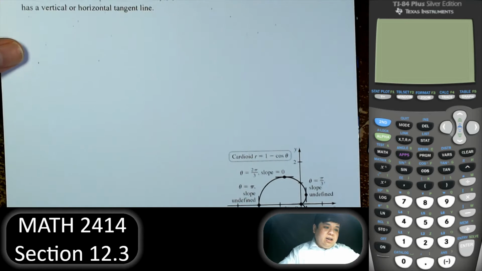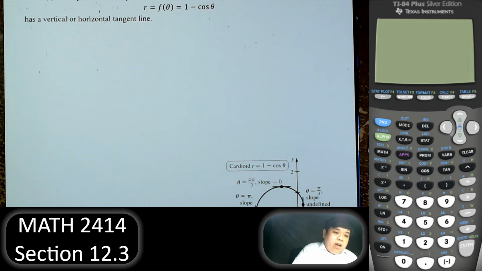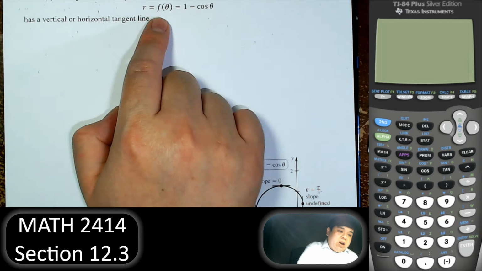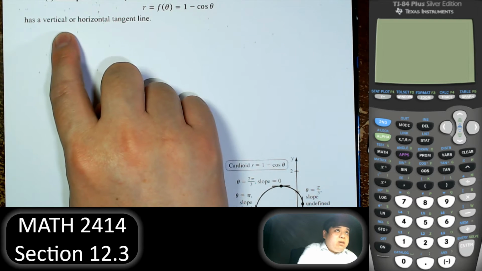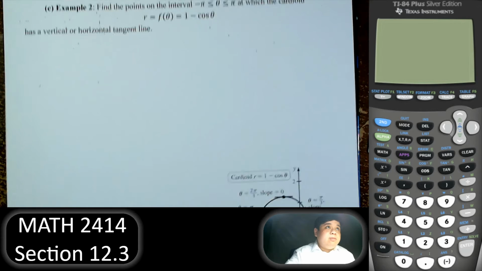Next, find the points on the interval from negative pi to pi where the cardioid has a vertical tangent or a horizontal tangent. So first we will find the derivative, and then we'll determine vertical and horizontal tangents after that. Sounds simple enough.